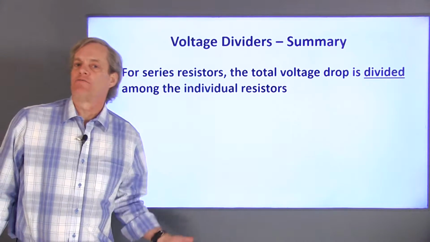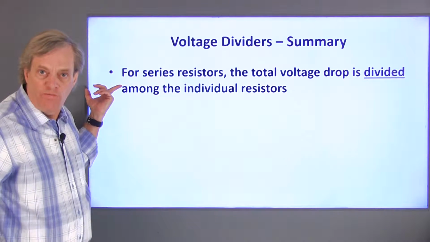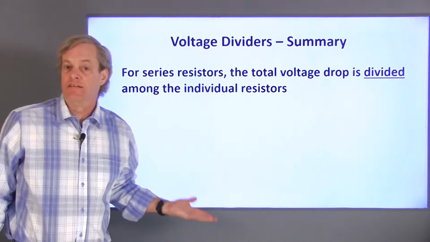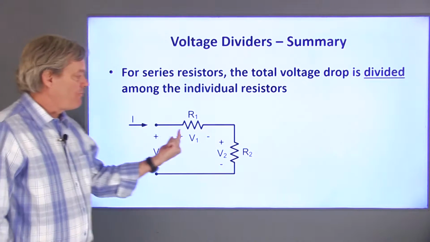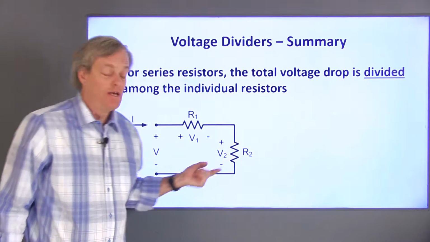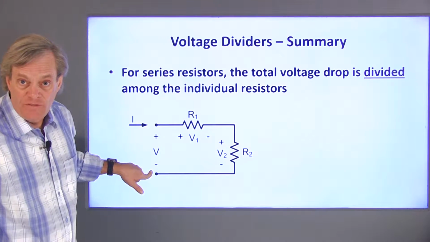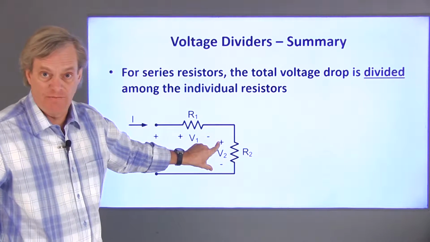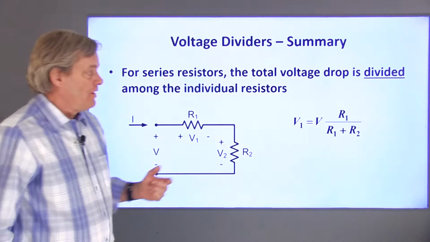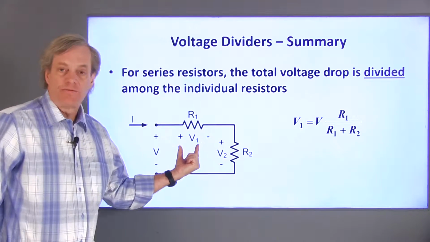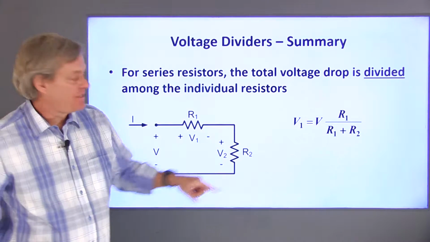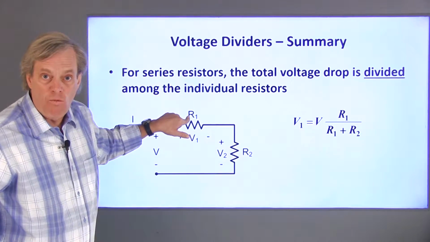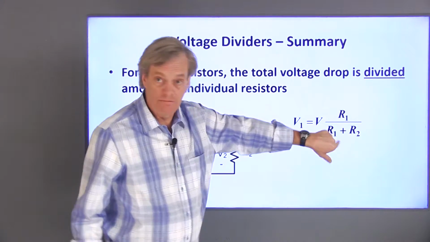The voltage divider formula says that the total voltage across a set of series resistors is divided among the individual resistors. So if we have a pair of resistors in series, in which we know the total voltage V, we can very easily determine the voltages across the individual resistors. The voltage V1 across resistor R1, for example, is simply the total voltage times the ratio of the resistor R1 to the total resistance.